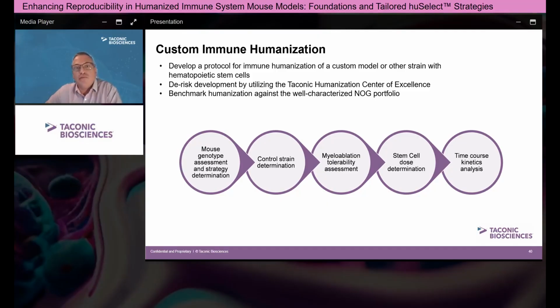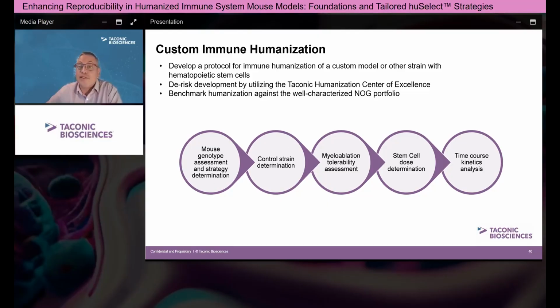So if you have a specialized custom animal that has been developed for a specific purpose, certainly talk to us, see if we can help you humanize it, and leverage the capabilities that we have within our Humanization Center of Excellence to provide you with a quality, reproducible product that will be able to support your studies.